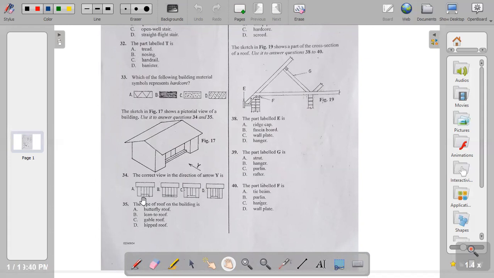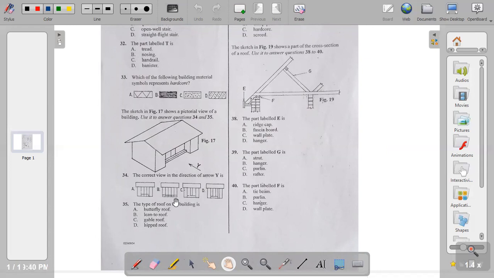When you look at option A, this line is crossing, and then the vertical line at the middle does not extend. The line is just standing on the step. The line is not going downward. There's no point showing that the line goes downward. So that makes A wrong.